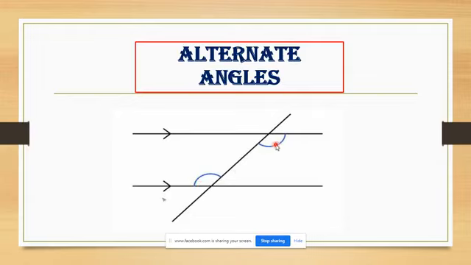Again, we have to see that the angles are always in pairs, alternate angles. Okay, and if the lines are parallel, alternate angles are always congruent. This is the property.